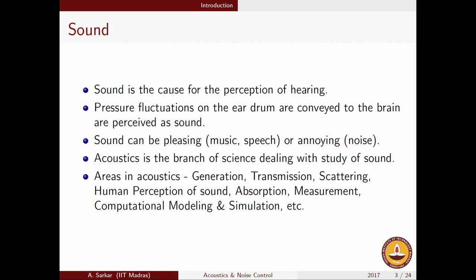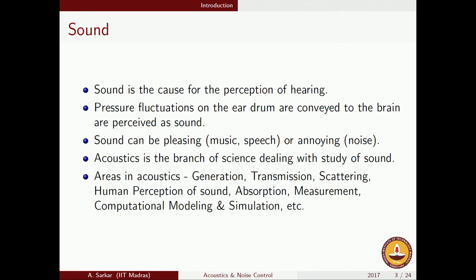There are different areas within this very broad field of acoustics. We could talk about how sound is generated in the first place, and that we will do in part of this course. A more important factor is how sound is transmitted from the point of generation to the point of reception.